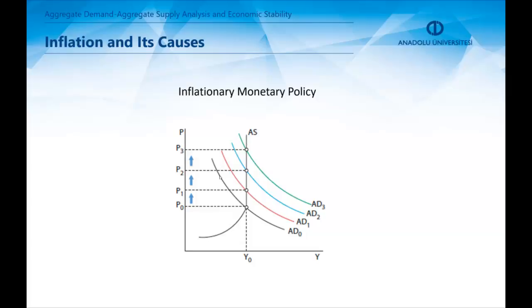Because of that, when there is an increase in aggregate demand, there is no increase in production, only an increase in price level. So when you always keep this economic policy, an expansionary economic policy, it causes an increase in the price level and causes an inflation problem.